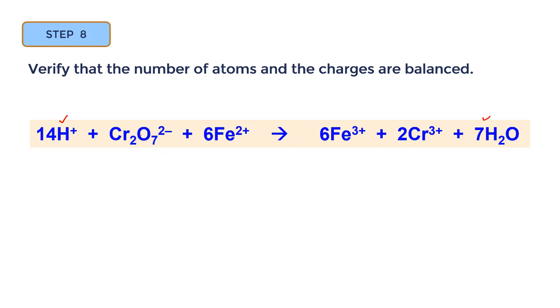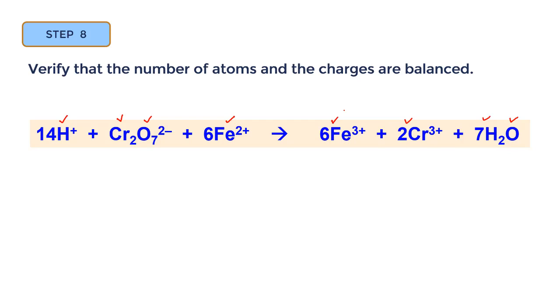At the left side we have 2 chromium atom, at the right side we have 2 chromium atom. At the left side we have 7 oxygen atom, at the right side we have 7 oxygen atom. At the left side we have 6 iron, and at the right side we have 6 iron. That is in terms of number of atoms.